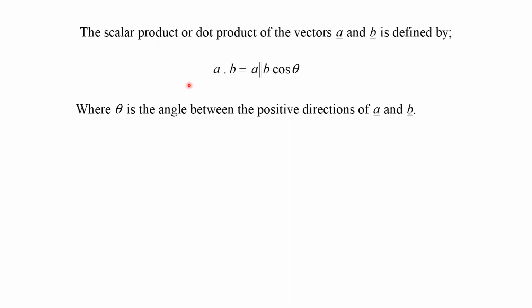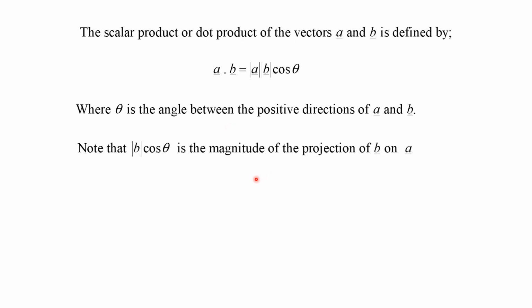It's simply modulus of vector A and modulus of vector B multiplied by cos theta. You can also use this formula to find the angle between two vectors, where theta is the angle between the positive directions of vector A and vector B.